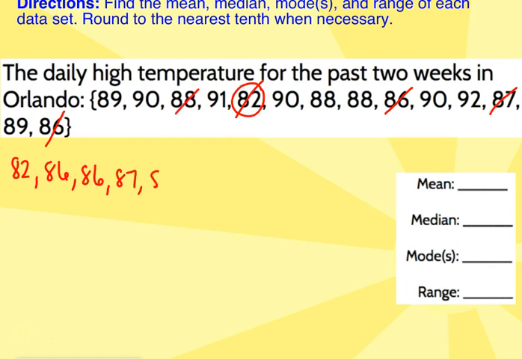There's 1, 2, 3, just 3. Okay, now we'll go for 89. There's an 89, there's another one.